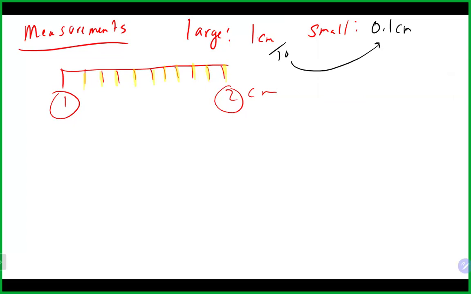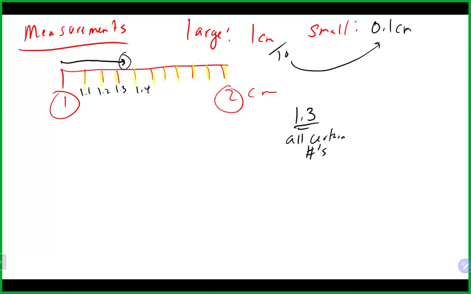One of the things we did talk about is that, typically speaking, you can go one more place to the right of the smallest marking. In this particular case, if we're looking at this arrow, this would be 1.1, 1.2, 1.3, 1.4. So we are clearly at 1.3 here. As we talked about, these are sometimes referred to as the certain numbers.